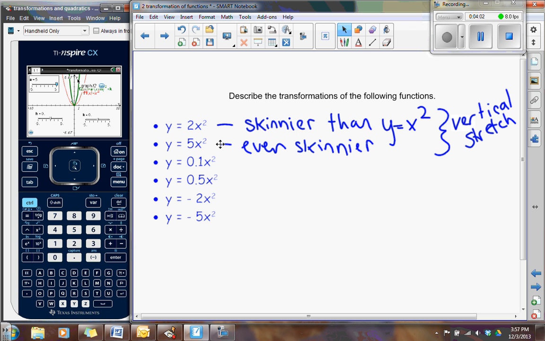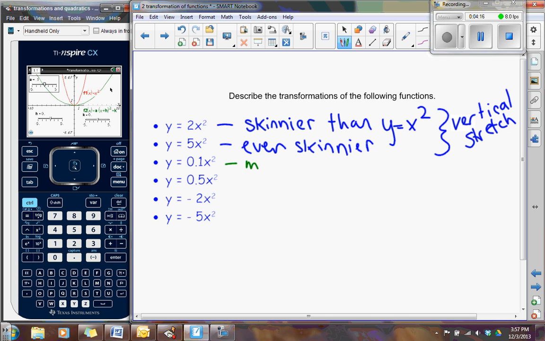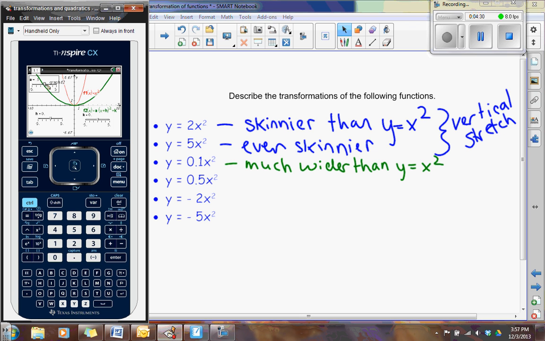Okay. When a is 0.1, you can see our function is super wide. It's much, much wider than y equals x squared. Okay, and when a is 0.5 in the next example, it's still wider than y equals x squared.